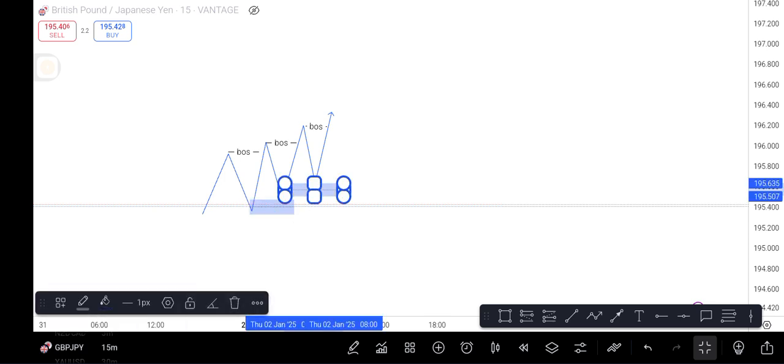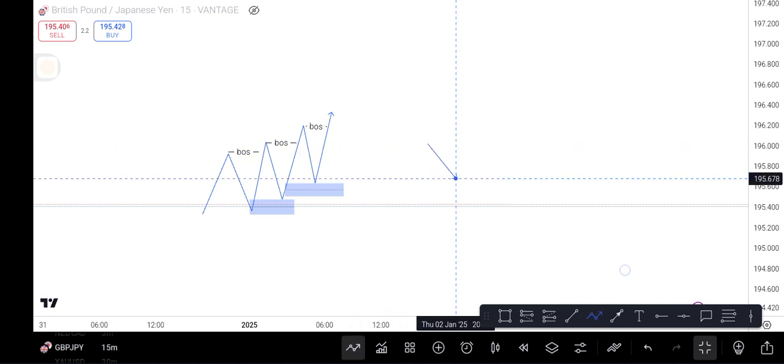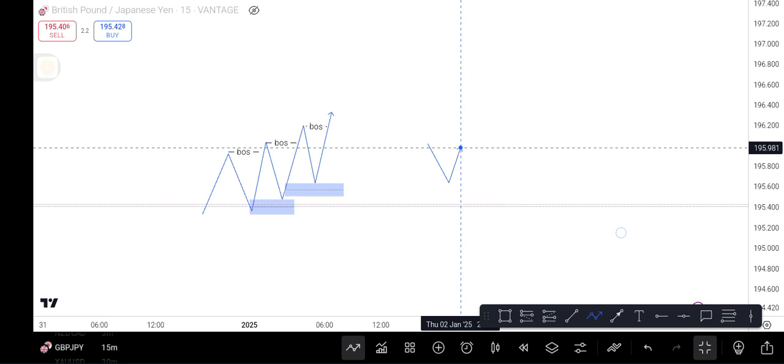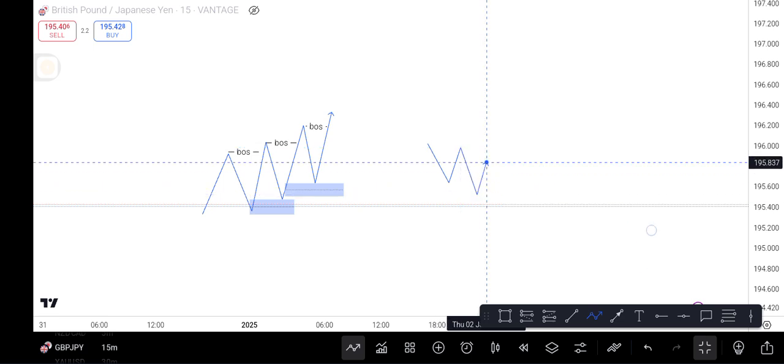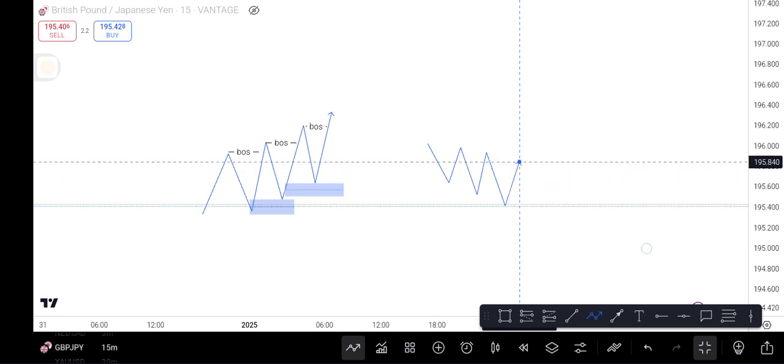Now for supply zones, it is literally the same concept, just in the opposite direction. You have price coming down, making lower highs, lower lows, lower highs.